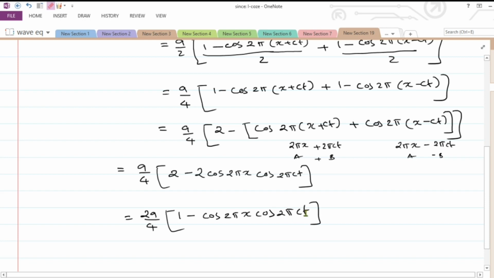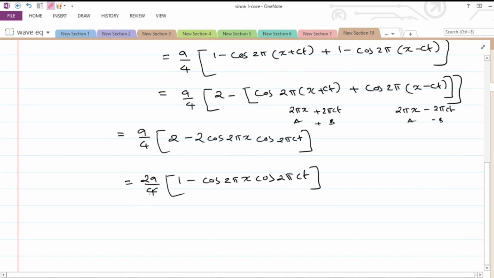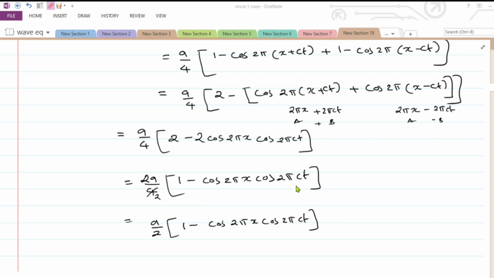Okay, we can cancel, so this is equal to a by 2 into 1 minus cos 2 pi x cos 2 pi ct. So this is the solution.